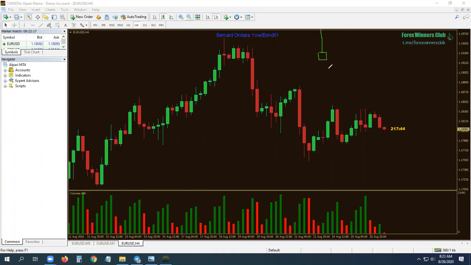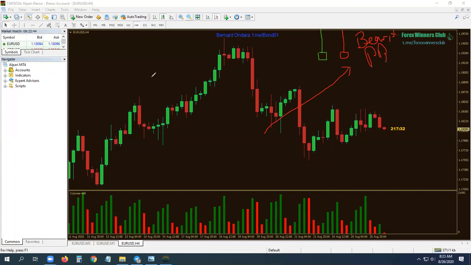Color not important. But the market was moving up. We said this is what? A shooting star. A shooting star is also called a bearish pin bar.